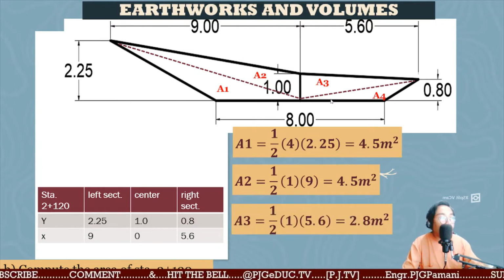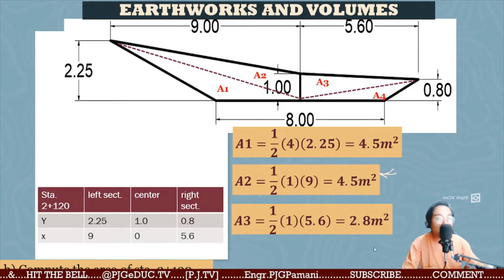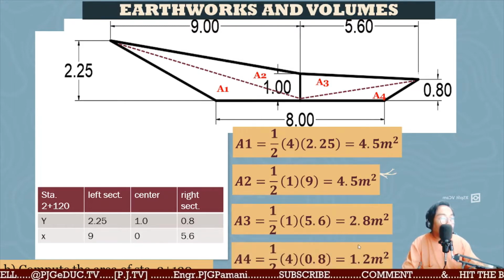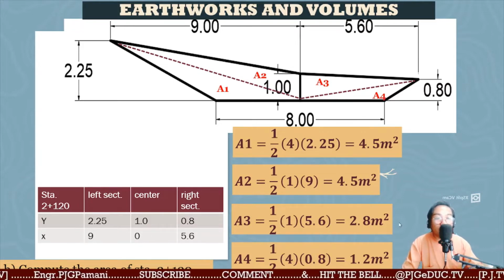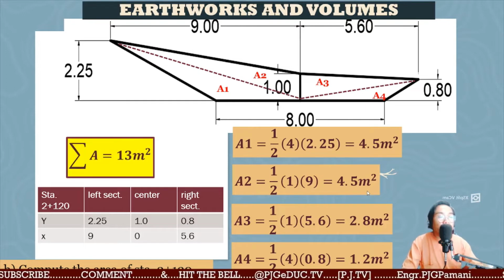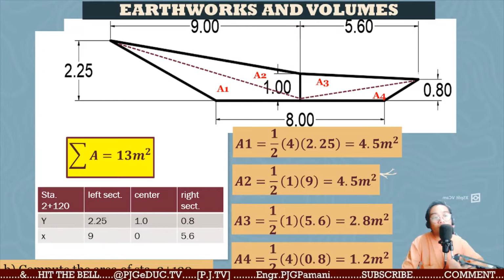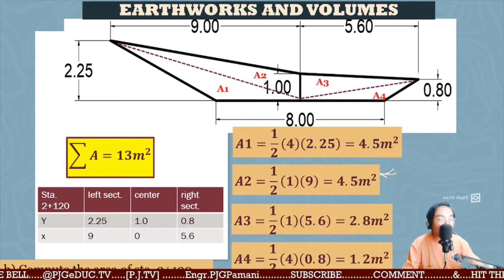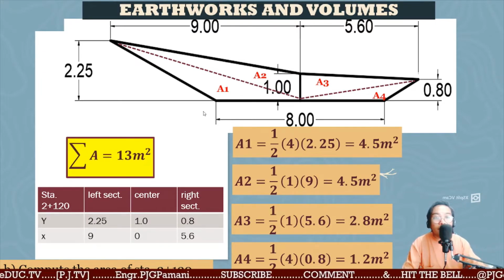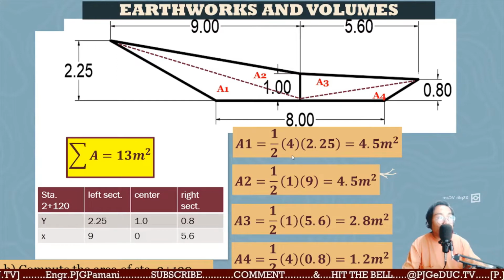And area 3, 1/2 of 1 meter times 5.6. And area 4, 1/2 of 4 meters times 0.8. So that gives us 2.8 and 1.6. Then the summation gives us the area of section of station 2+120. Do you understand where we got area 1, 2, 3, and 4?